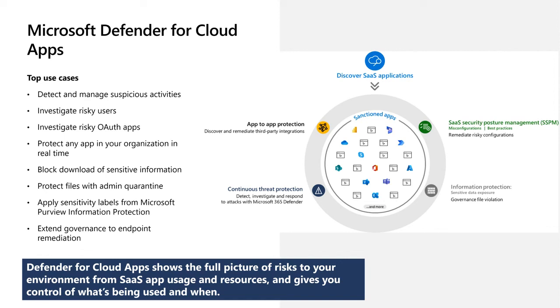Based off of that, and I mentioned earlier web content filtering with Defender for Endpoint, you're able to say, okay, I'll go ahead and sanction this app, meaning that I do allow this app to be used. Or in reverse, I'm going to unsanction this app. Once you unsanction an app, it puts a block on that specific URL. So the next time the end user tries to connect, instead of connecting to that app, they get a message saying that you're not allowed to connect.